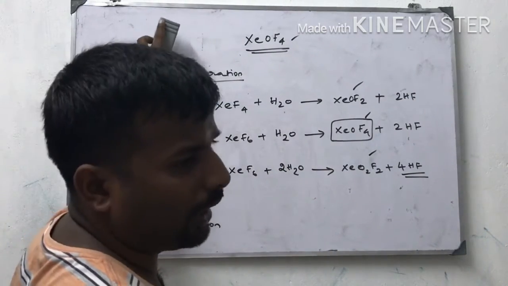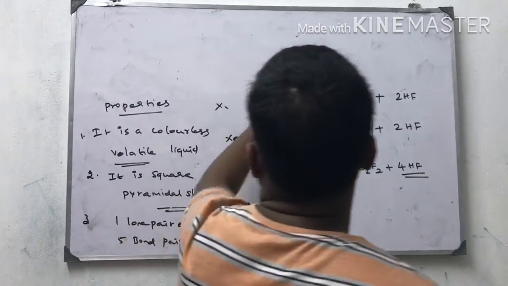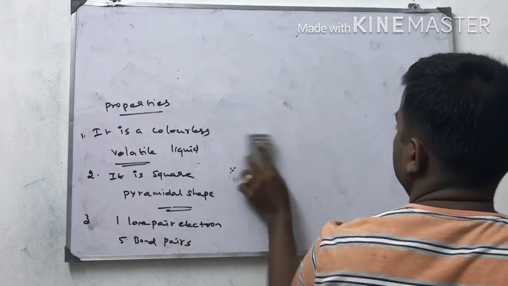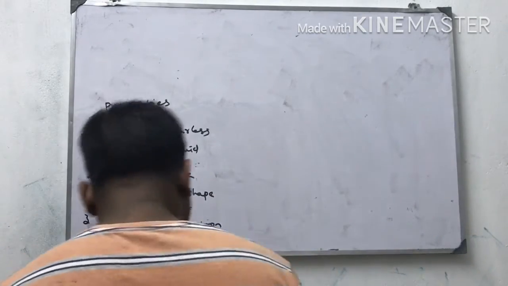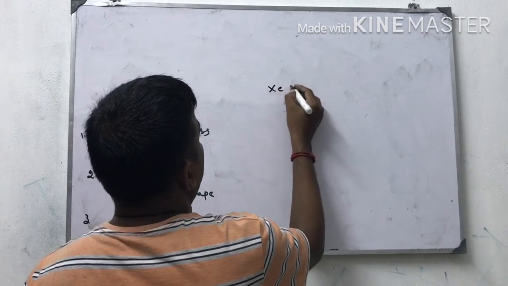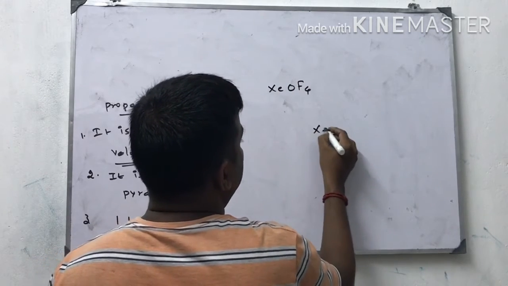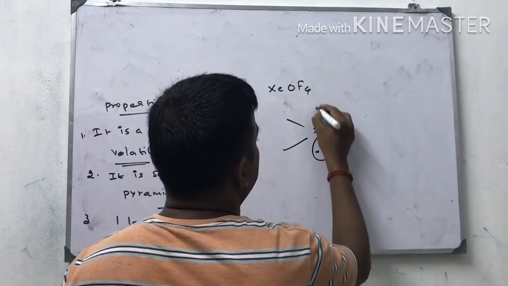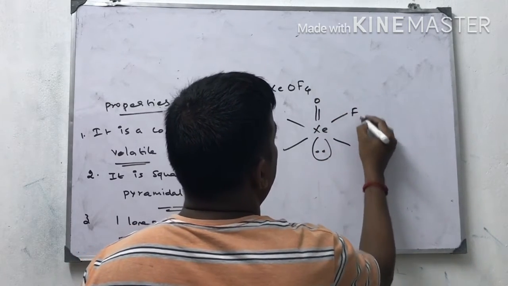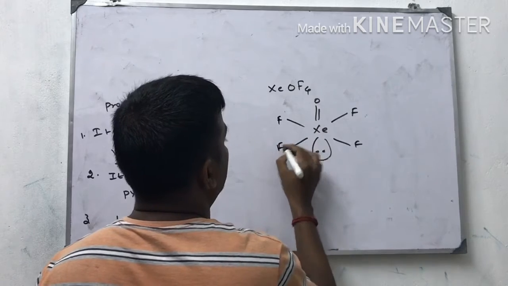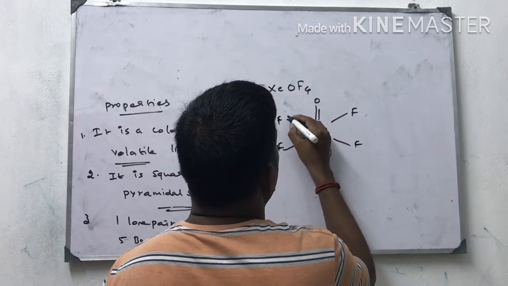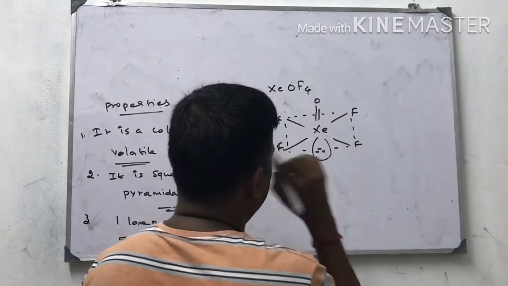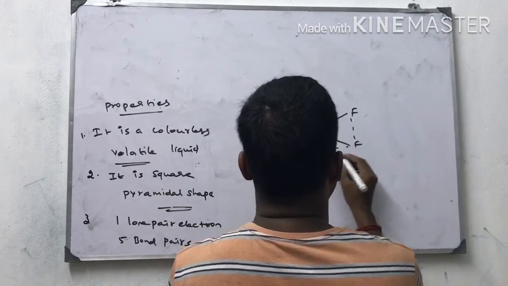Now I am going to write the structure of xenon oxyfluoride. XeOF4: Xe in the middle, O on the top, and fluorine around. This is square pyramidal shape with one lone pair.